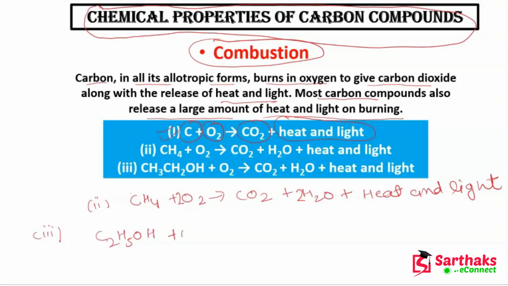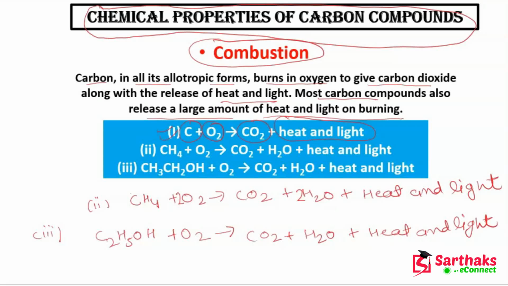When this reacts with oxygen, it will form carbon dioxide, as I told you that carbon and its allotropes will form carbon dioxide. In this case water will also be produced, and heat and light are also produced.